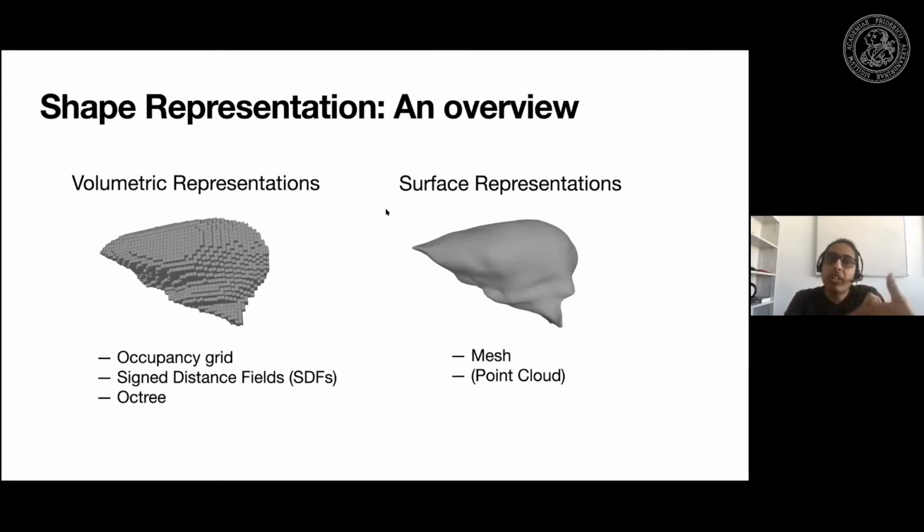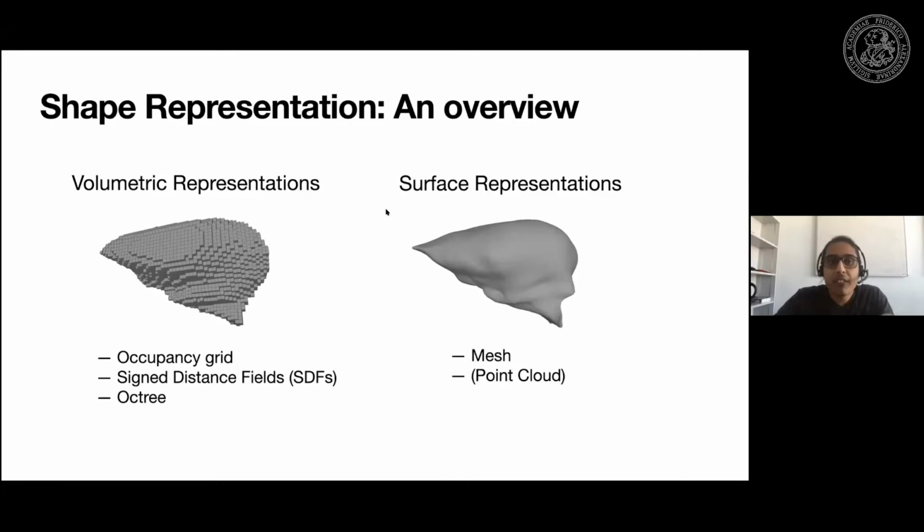One is the volumetric representation, and the other is the surface representation. At the moment, the most popular way to represent shape is the volumetric representation. A few of the techniques that fall under volumetric representation are occupancy grids, signed distance fields, or octrees.